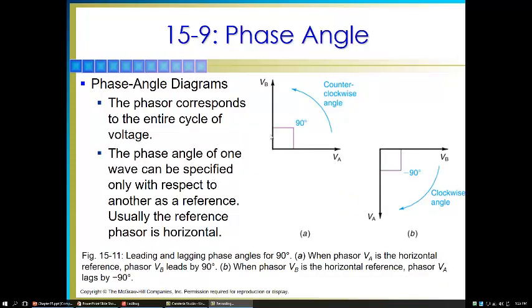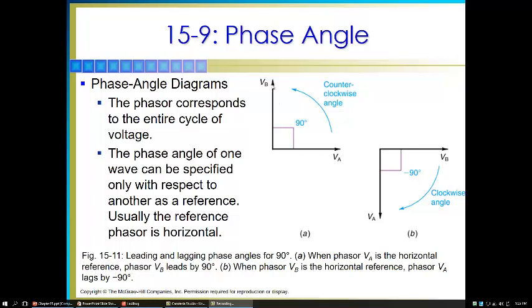We can take either of the two waves as reference. In this case, I took A as a reference, and because B is ahead of A, it's going to be at a positive angle of 90 degrees. That's the representation of these two phasors for waves A and B.